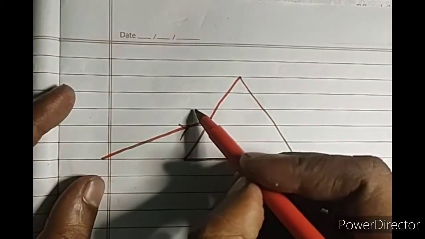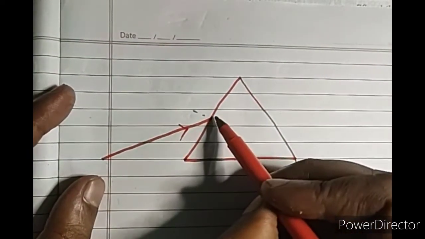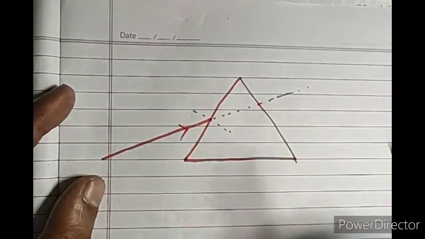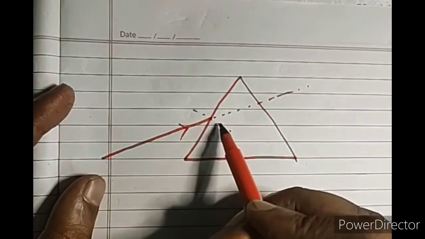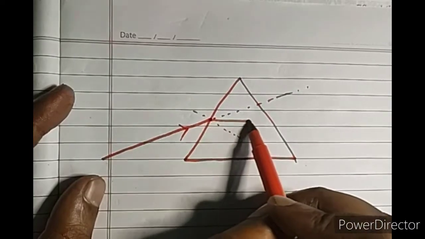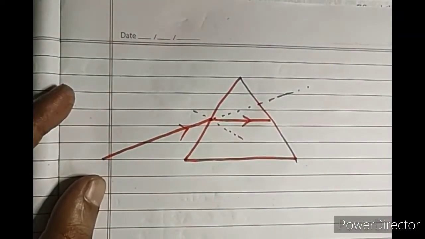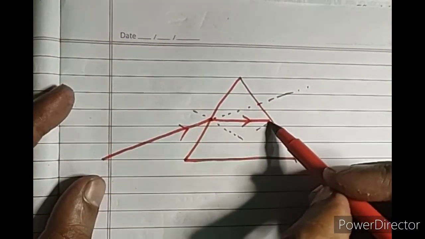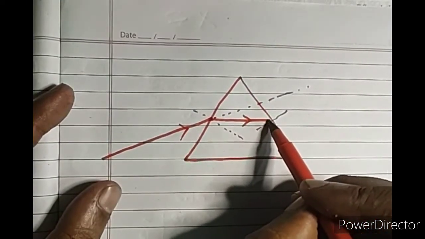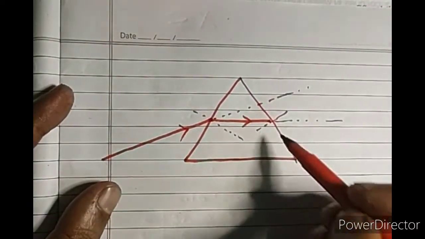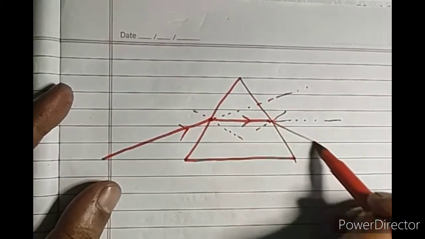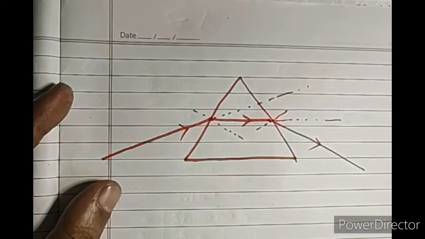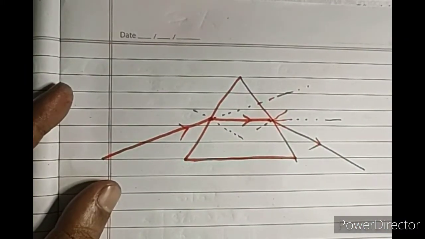After striking, this is the normal, and this is how it was supposed to go if not deviated, but it gets deviated like this. After deviation, this is the normal. So this was supposed to go straight like this, but because of this surface, it again gets deviated in this way. So two times deviation is taking place.